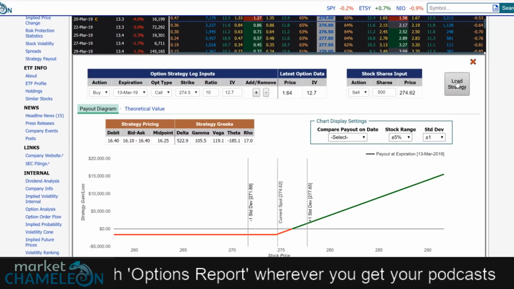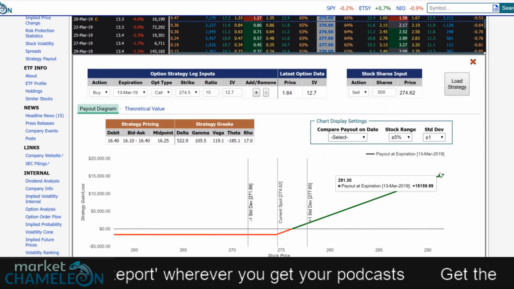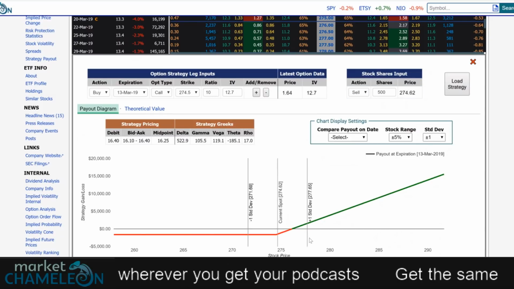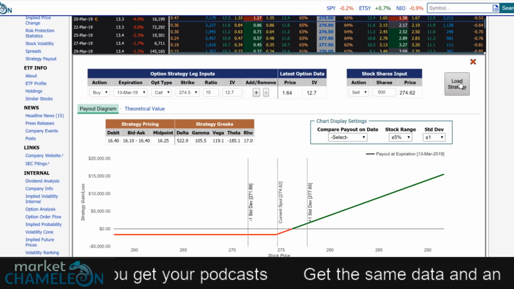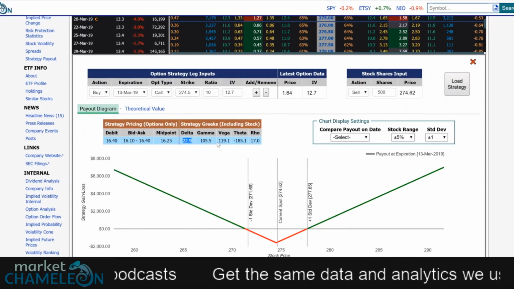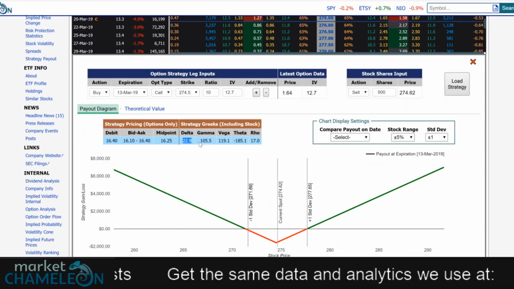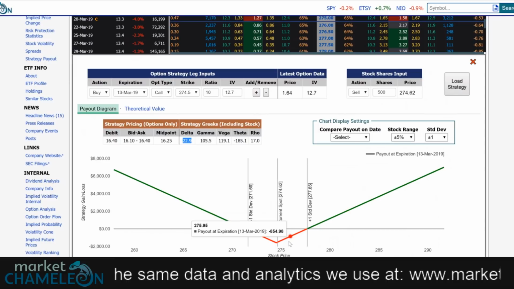And when I run this, you're going to see that our risk graph, this is what the call looks like, but now that I'm hedging it, this risk graph is going to start looking more like a straddle. So now our delta risk has gone down. It's less than 122, and this is how it looks like a straddle.